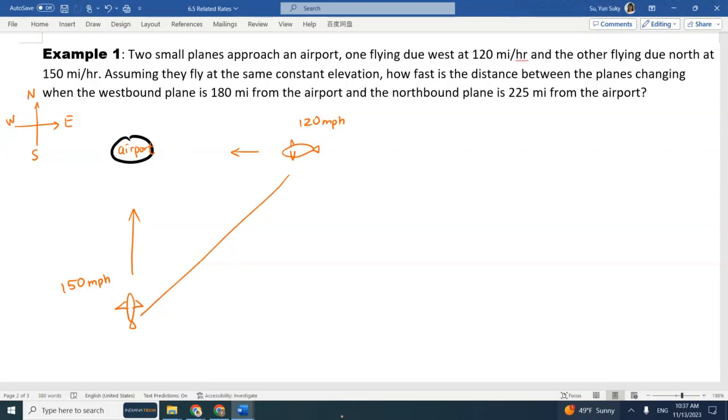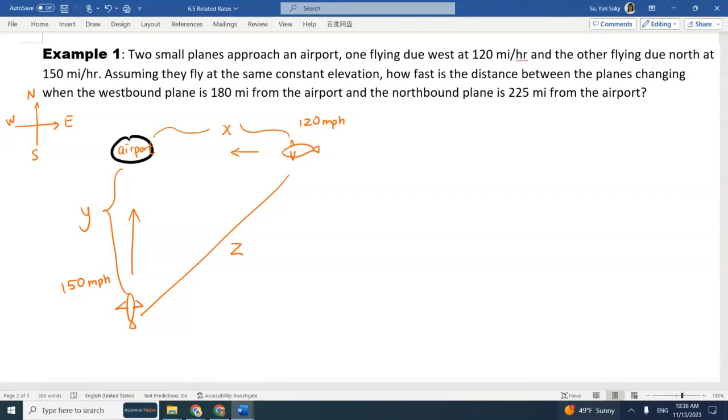Okay, let's set variables. For the horizontal distance, let's call this x. Vertical distance, let's call this y. And then this one, let's call it z. Z is the distance between the two planes. So this is the picture.